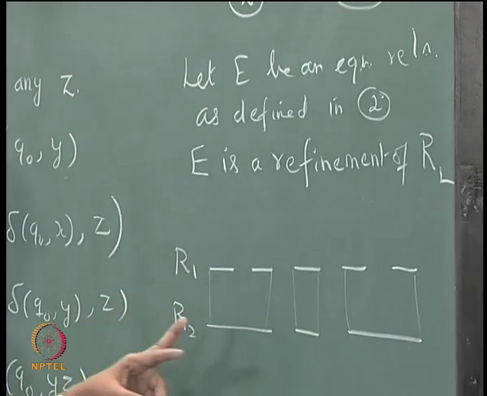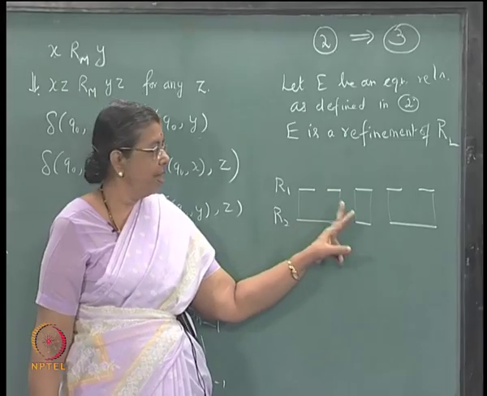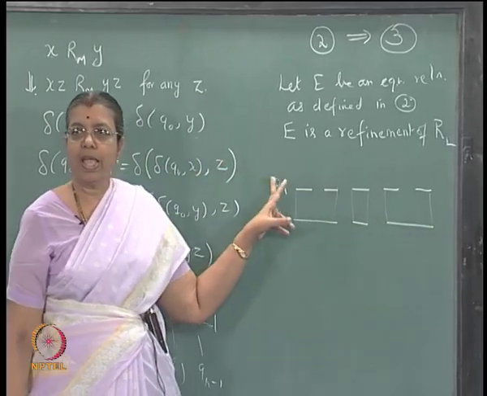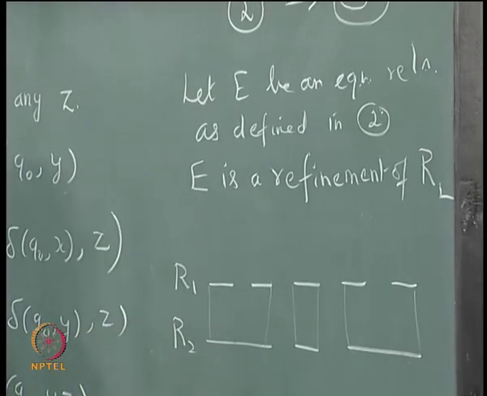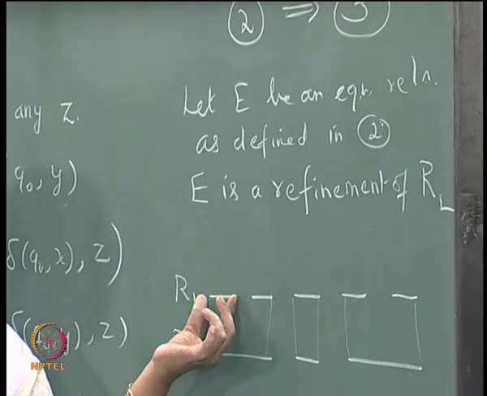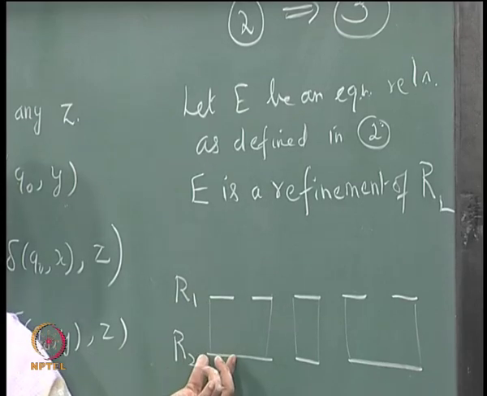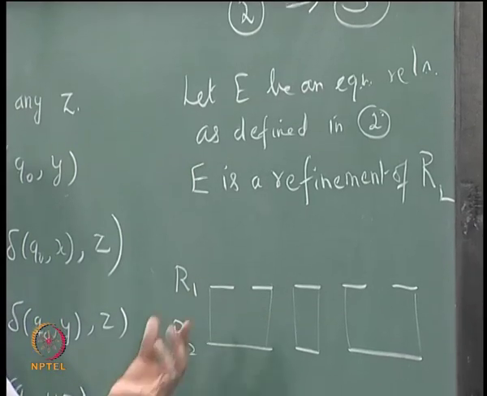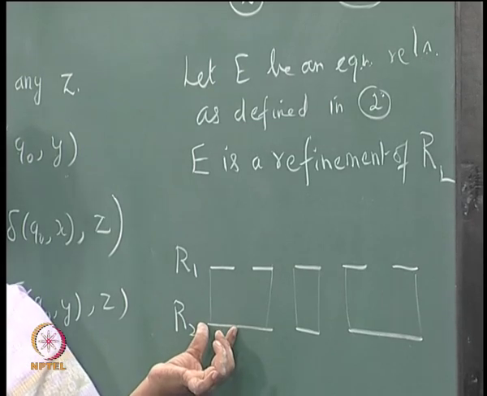In R1, this equivalence class of R2 is divided into 2, this equivalence class of R2 is divided into 2. Then you say R1 is a refinement of R2. This is what we have studied earlier. That is, one equivalence class of R1 is completely contained in one equivalence class of R2. It does not split into 2.